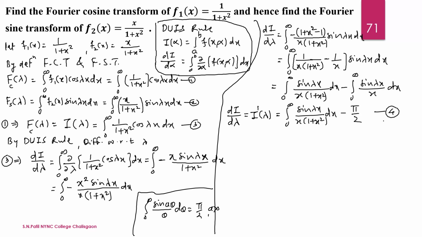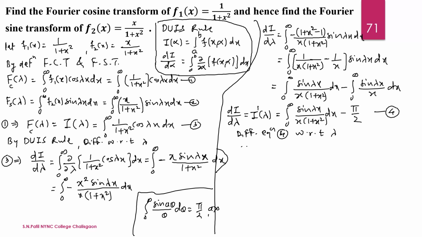Now see here in equation 4, if we again apply the DUIS rule, the derivative of the sine function is cosine and the derivative of lambda x is x, x will cancel, and we get equation 3 as it is. So for simplicity, we differentiate equation 4 again with respect to lambda.